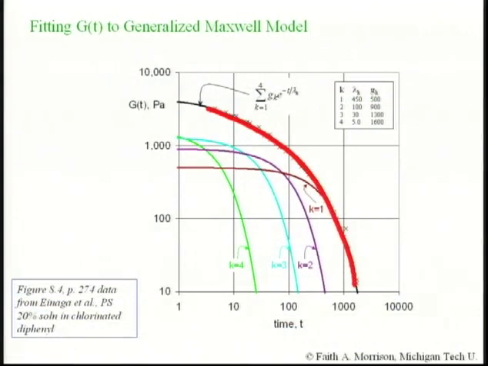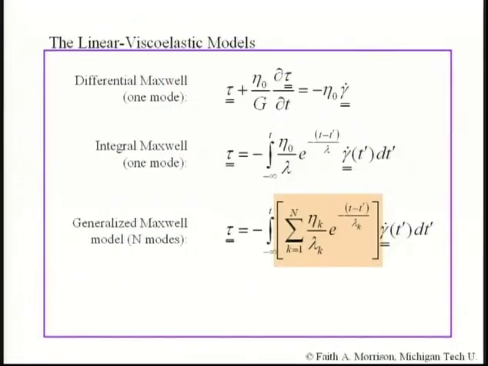Okay, so we've created a model because we wanted to fit these data better. And the thing I wanted to point out here is that this is the form of the step strain prediction for the single relaxation model, and this is the form of the prediction of stress relaxation in the multimode model.